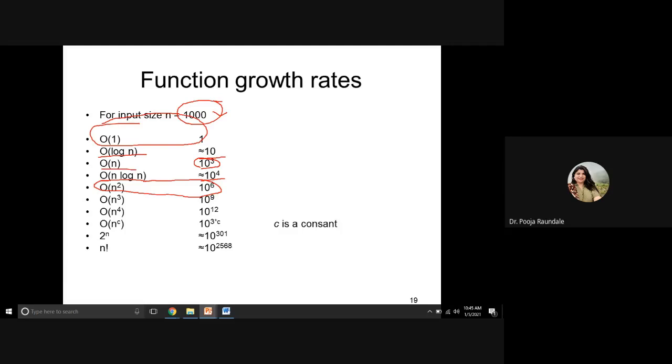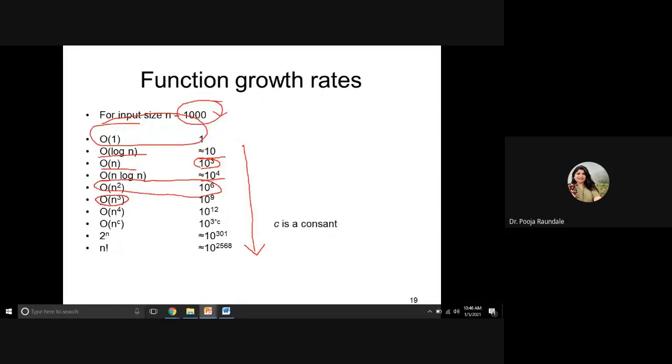So 10 raised to 6 steps, when it executes, will definitely take a longer time than any algorithm which has order n log n, or maybe just log n, or maybe just n. If we move from this order to this order, look at how your number of steps increases.